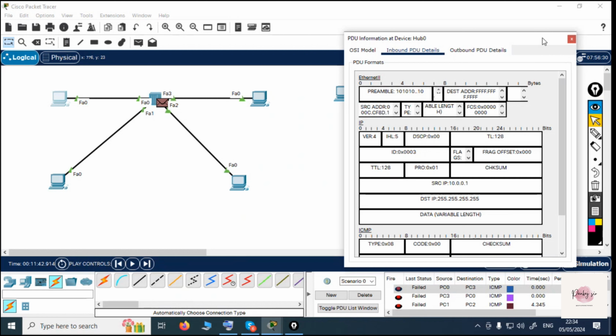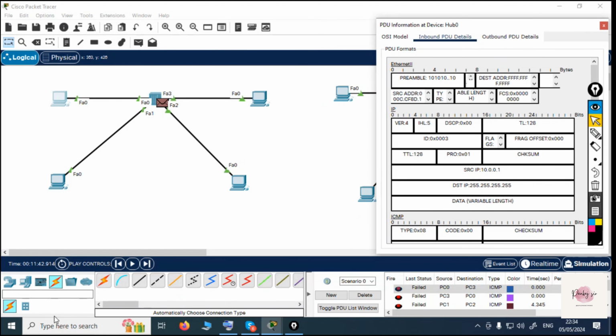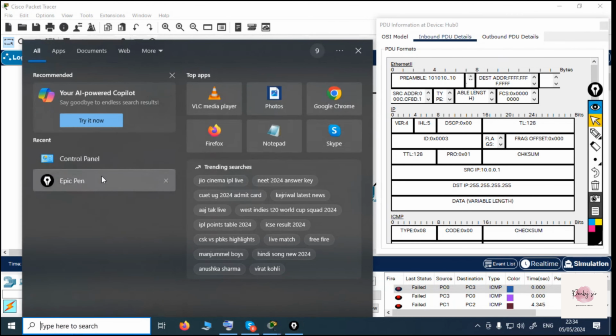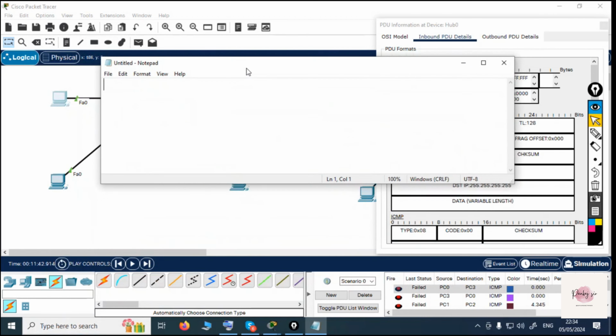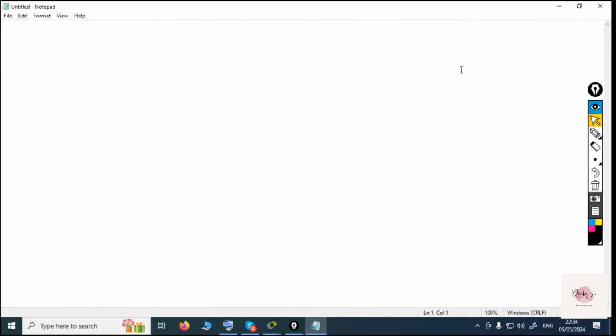Can you tell me why? Can you tell me why the ARP request did not come? The data was sent directly. Why did the ARP request not come? See, these are small points, but these are very important. You must remember these things.